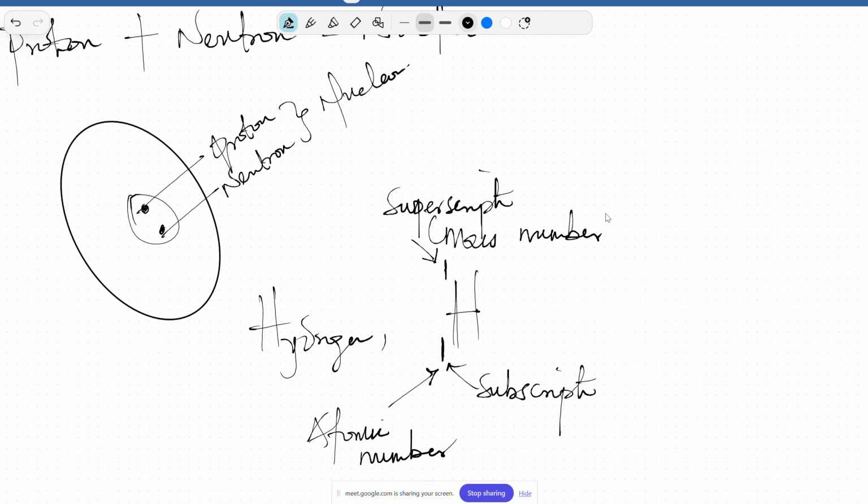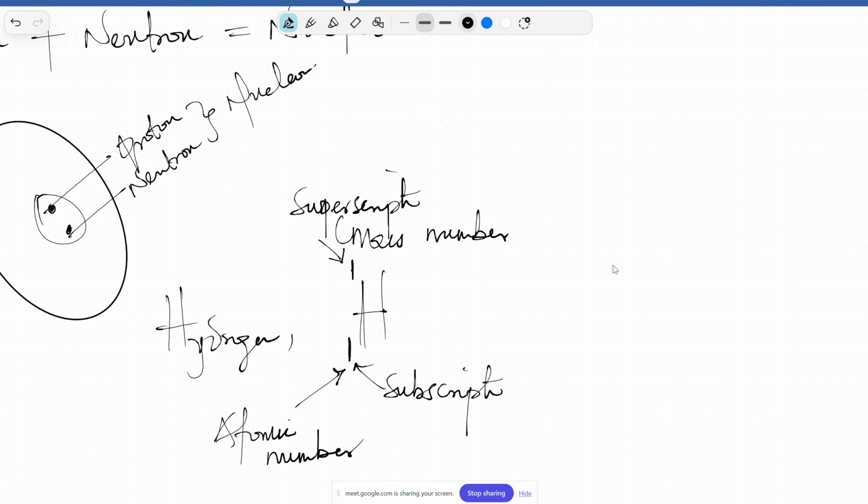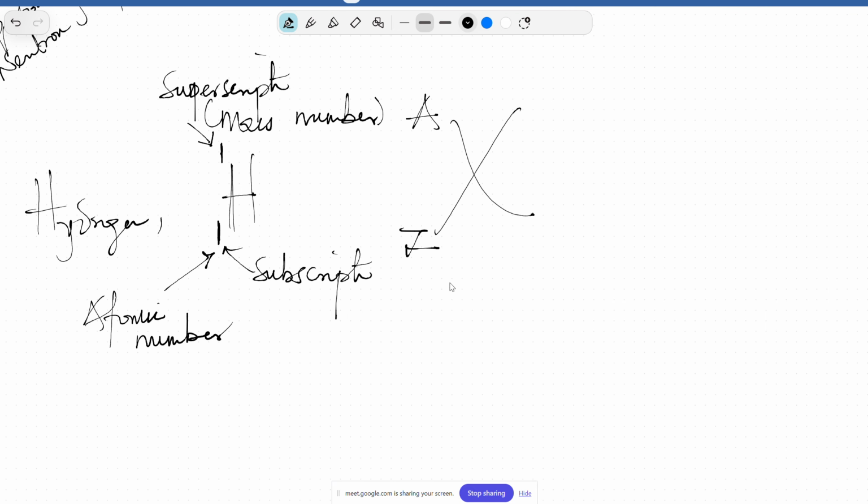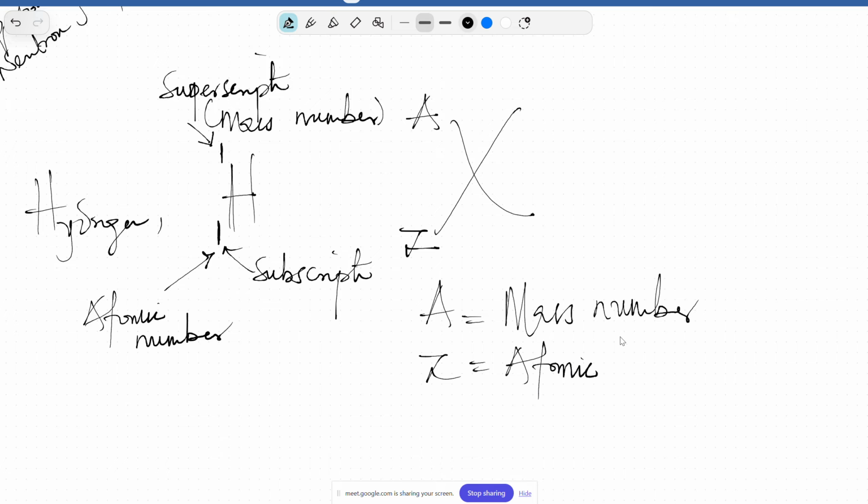Whenever you have an element denoted, let's say X, the atomic number will be here and the mass number will be up there. With that representation, I'm using A to denote the mass number and Z to denote the atomic number.